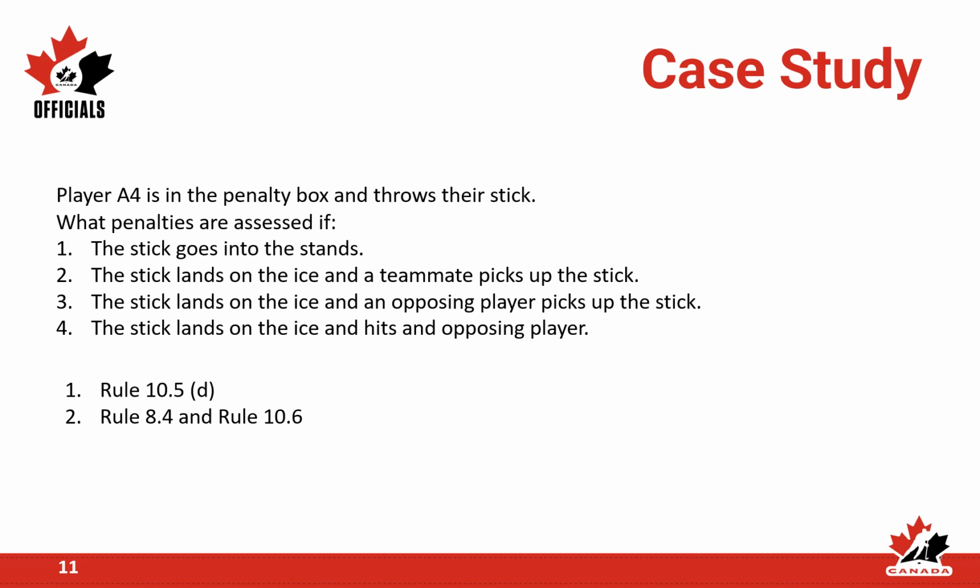So 8.4 references interference from the bench, and Rule 10.6 is illegal equipment. The same rules would be covered for the third example. And for our fourth example, it'd be Rule 8.4, interference.